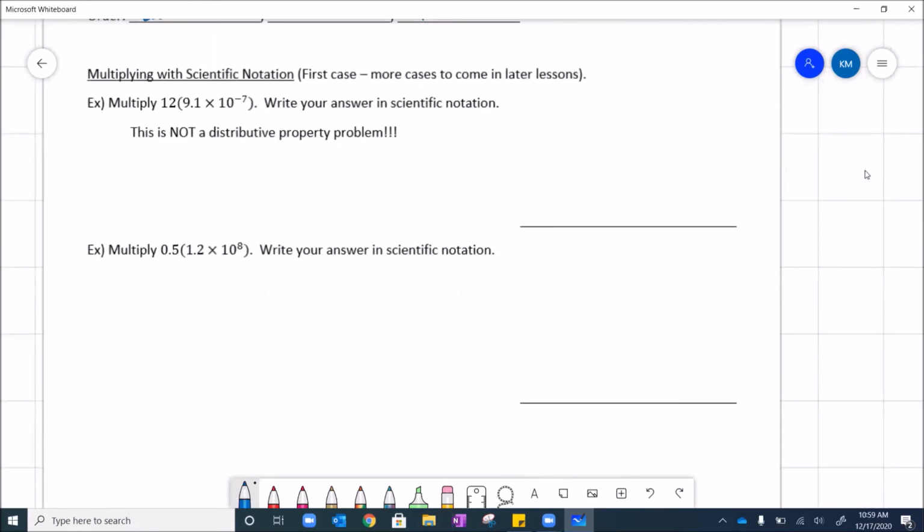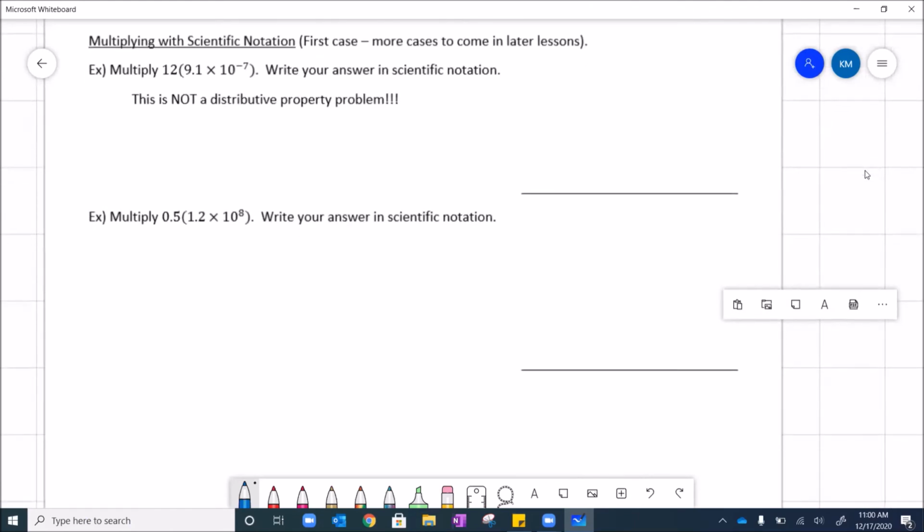All right, and then finally, multiplying with scientific notation. This is the first case, and we'll have more cases with other lessons. It says multiply 12 times 9.1 times 10 to the negative 7. Write your answer in scientific notation. Very important to point out that this is not the distributive property.